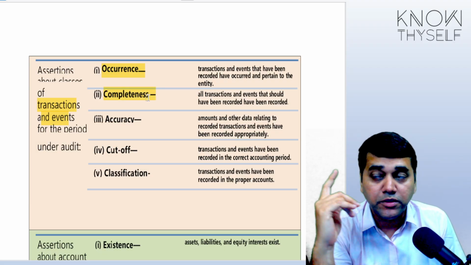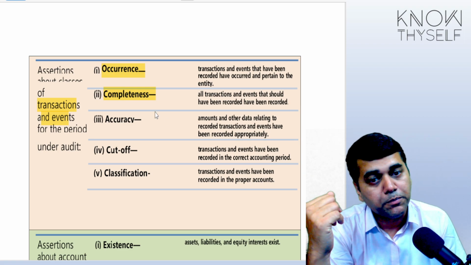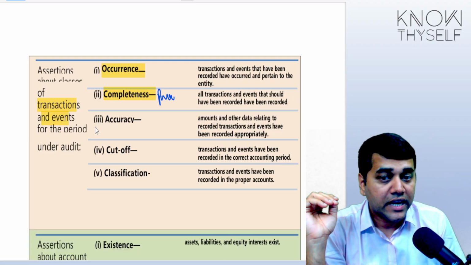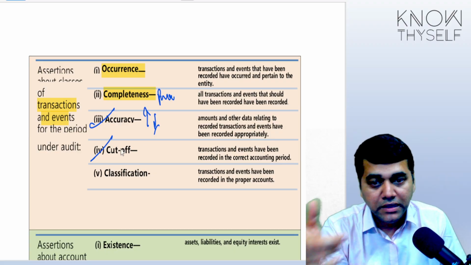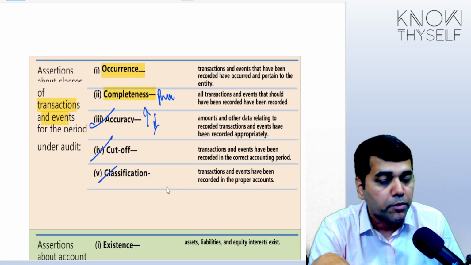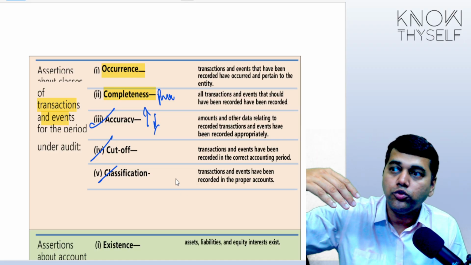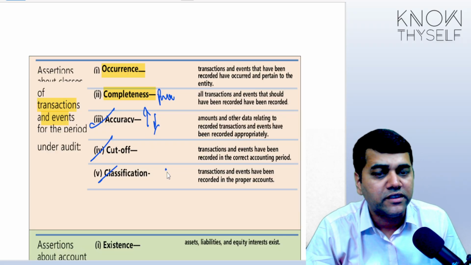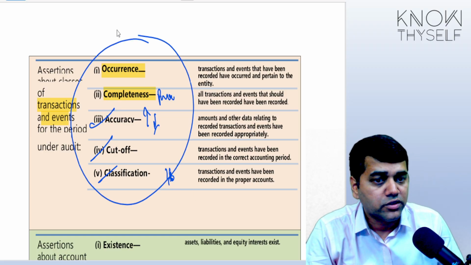It is complete, that means nothing has not been recorded. If the bill has not come, they have made provisions. They are accurate in value, that means there is no overstatement or understatement. Last year's bill they have not recorded, and they are properly classified. If it is a payroll expense which should have gone to asset construction and the cost of the asset, they have done that accordingly as per Ind AS 16. So these are the 5 assertions you are certifying.